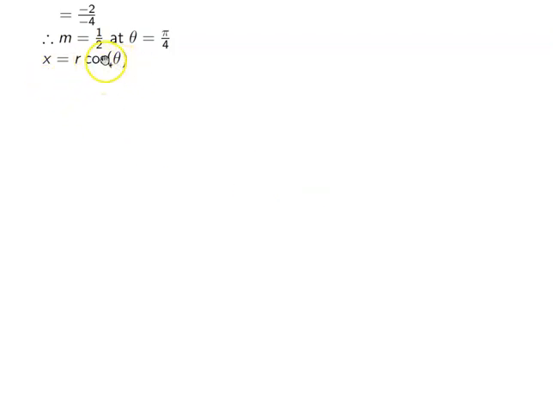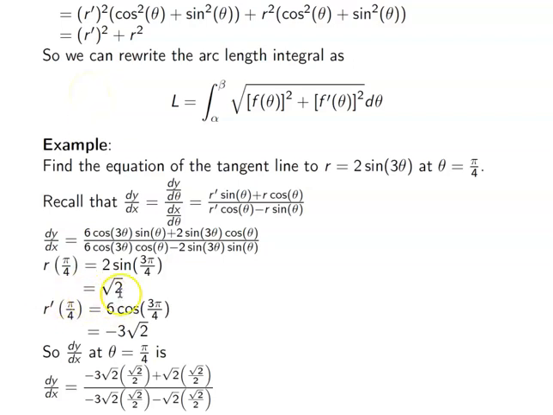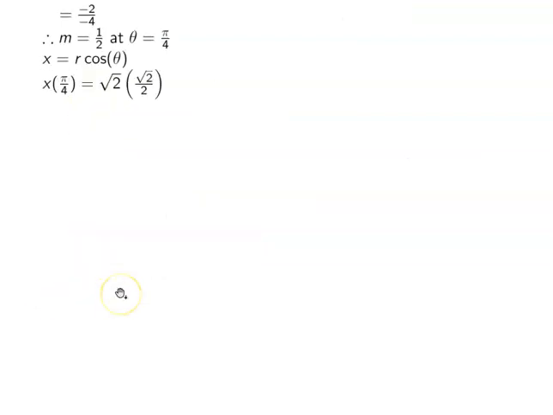So for x, this is root 2 over 2. R we saw is root 2. Okay, so we know that turns into 1. And for y, this is negative 3 root 2 times root 2 over 2. Oh, r is root 2, sorry. And so I get the same thing. Okay, 1, 1.